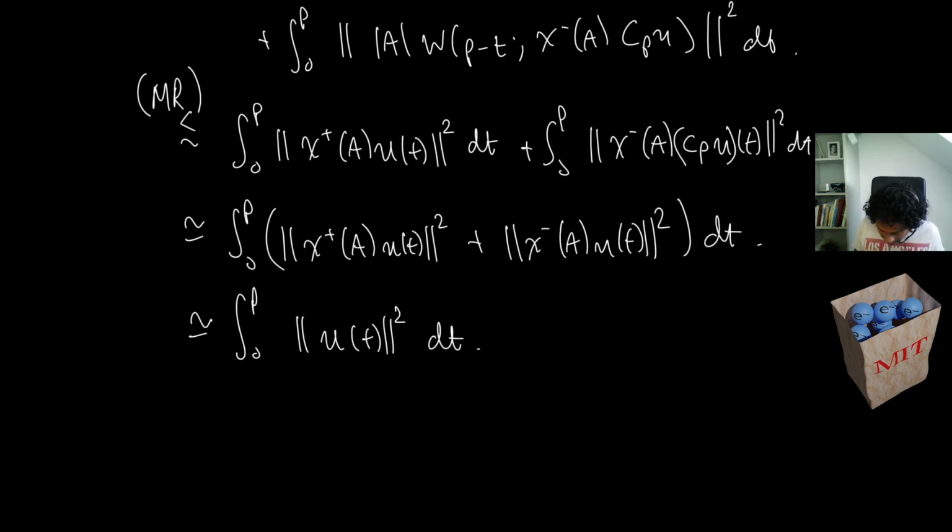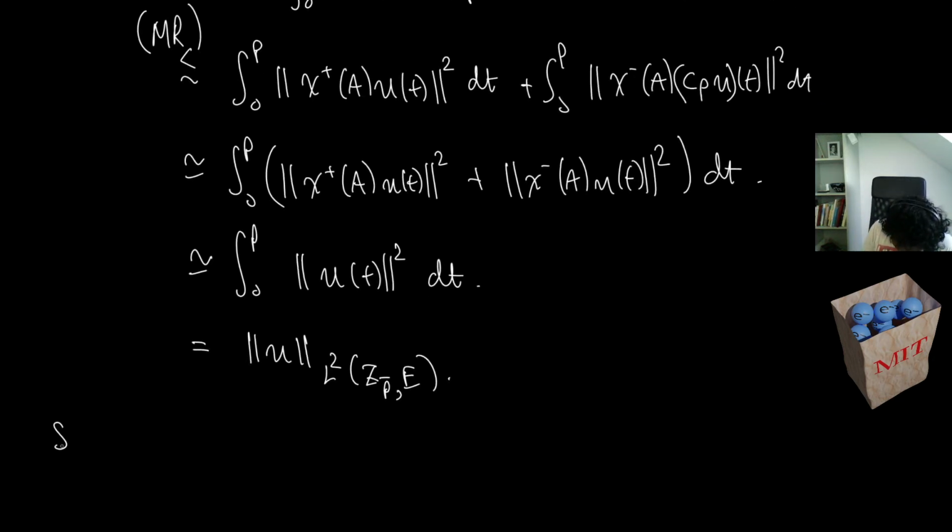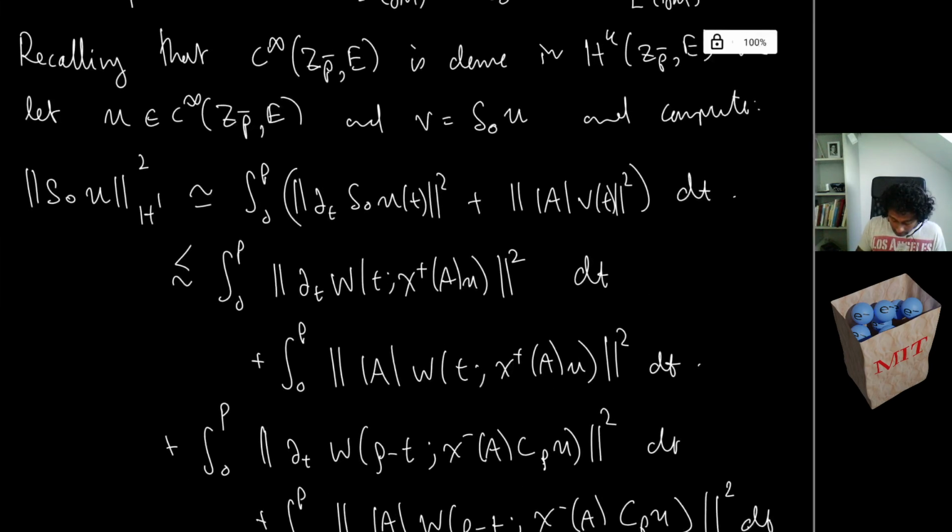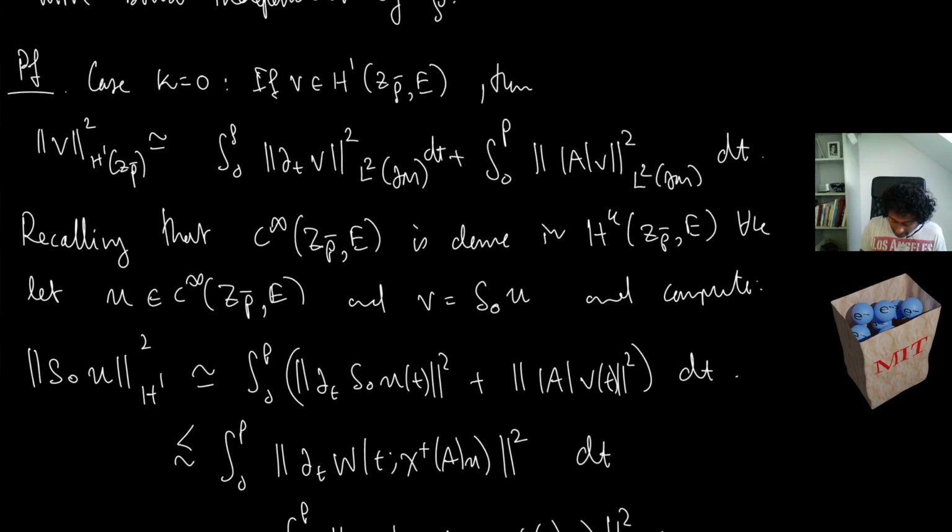Good. So what is this? This is precisely now the L2 norm in Z rho bar E of U. So this shows that S naught, on this dense subset C infinity, we have the required estimate.